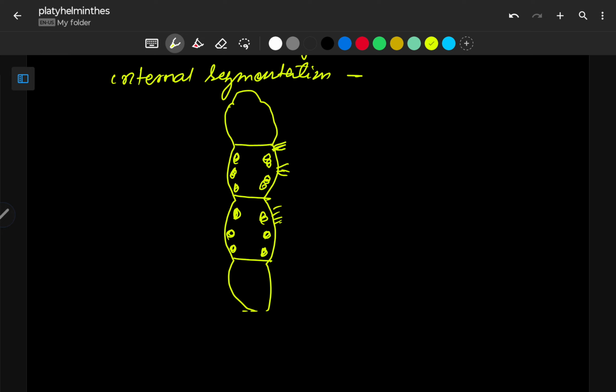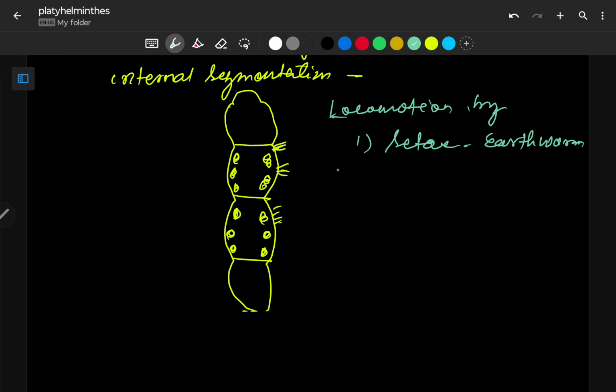Okay, so now come to the locomotion. Locomotion by setae in case of earthworm, and by parapodia in case of Nereis.